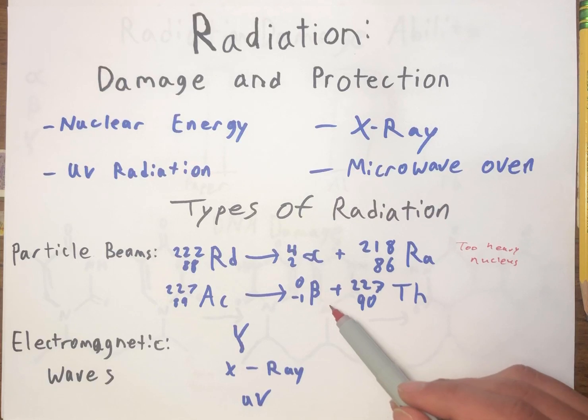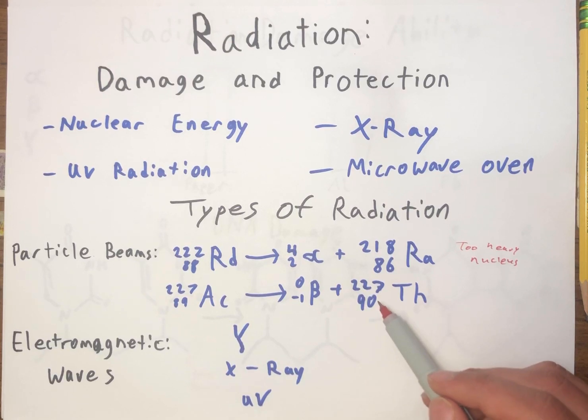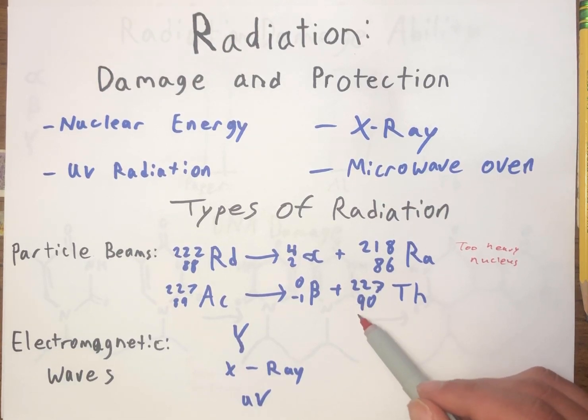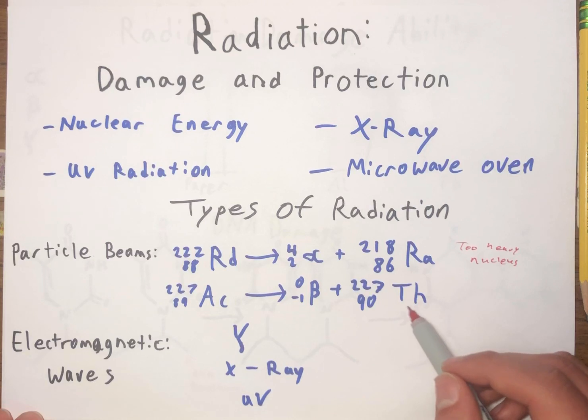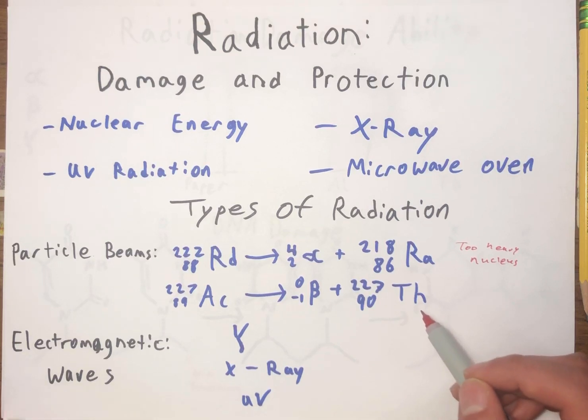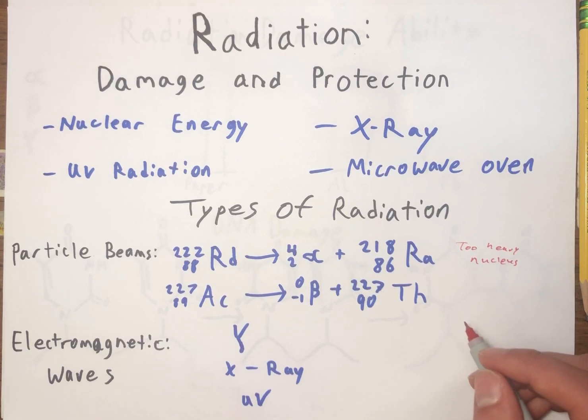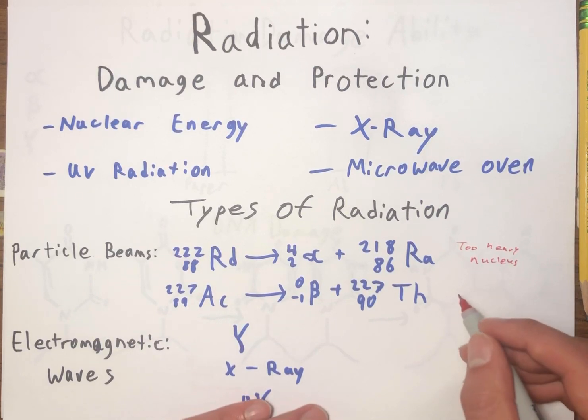This beta particle is emitted from a neutron, forming that neutron into an additional proton within the nucleus. When we change the number of protons, we'll change the identity of the atom into the isotope 227 thorium. With its neutron to proton ratio more balanced, thorium is more stable.